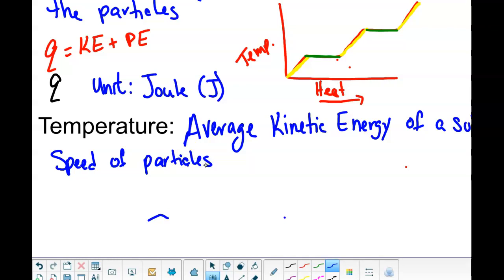All right, so while heat is measuring all of the energy, temperature is just measuring how fast they're moving. All right, so you need to know that we measure temperature in two different ways.